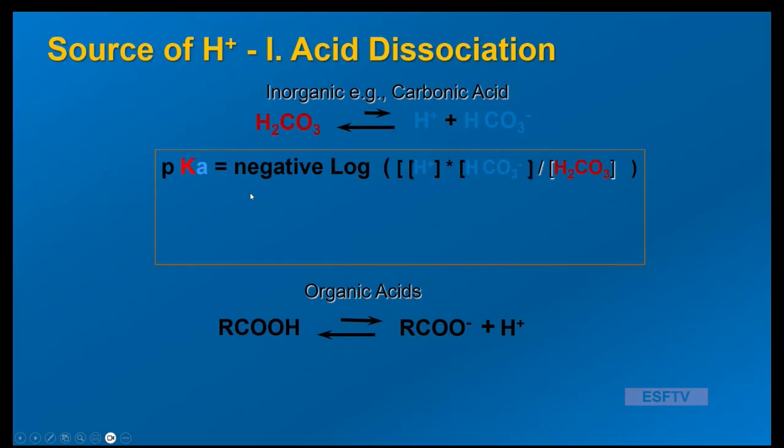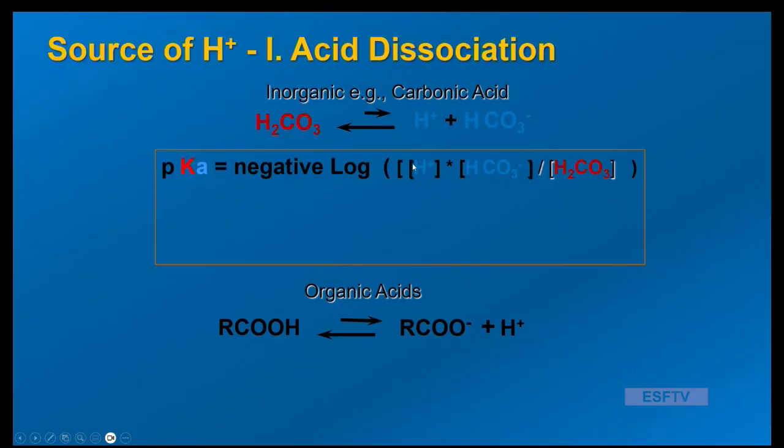We can measure the strength of these, and you learned this back in Chemistry 1, something called the pKa. The Ka is the dissociation constant for an acid. K for dissociation, A for acid. P, same as in pH, the negative log. The pKa of an acid is the negative log of the hydrogen ion concentration times the anion divided by the total.